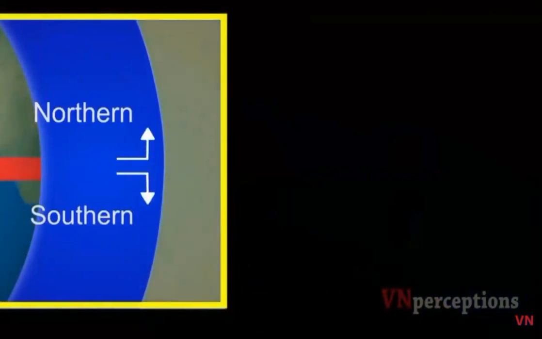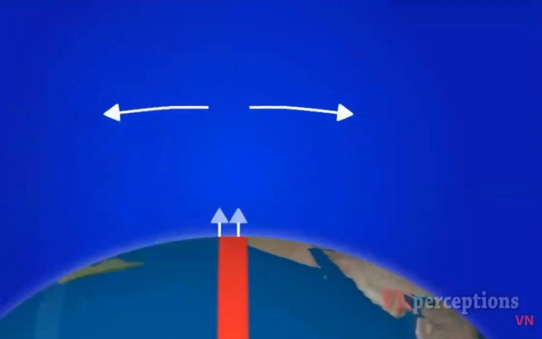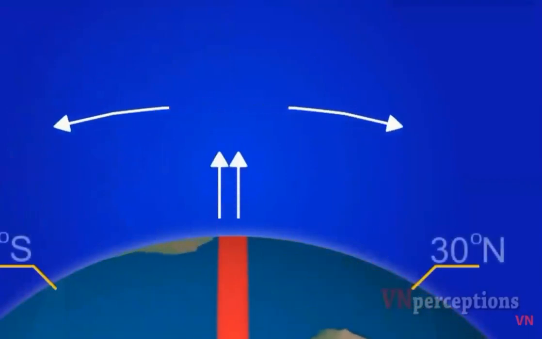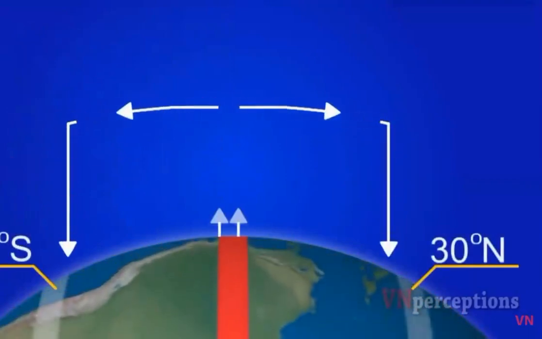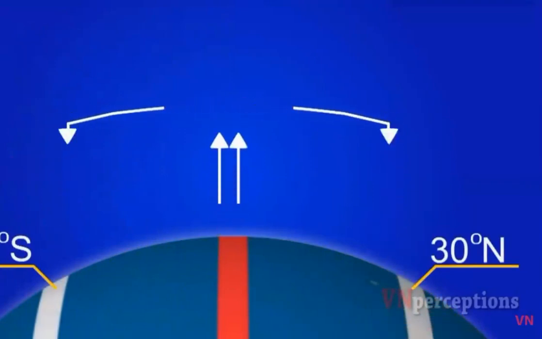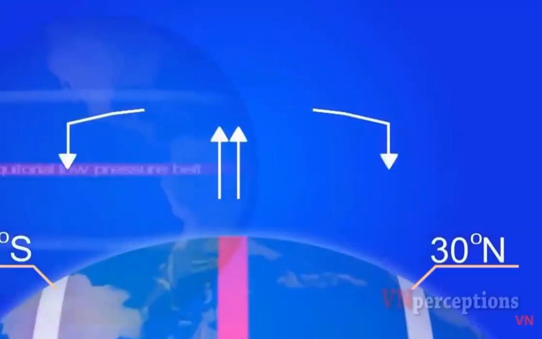As the air moves, it becomes denser, and after a certain point, it sinks down to the surface. So, at around 30 degrees north and south, we have sinking air. This sinking air is cool air, so it forms a high pressure system.